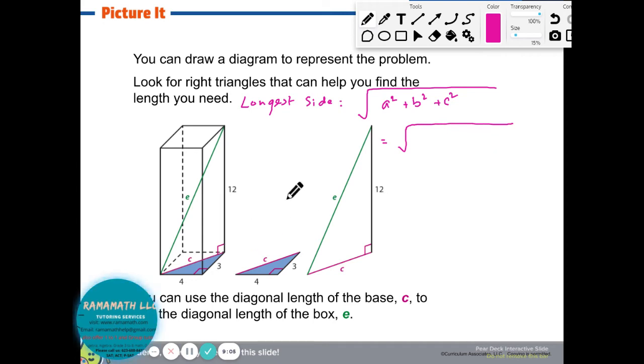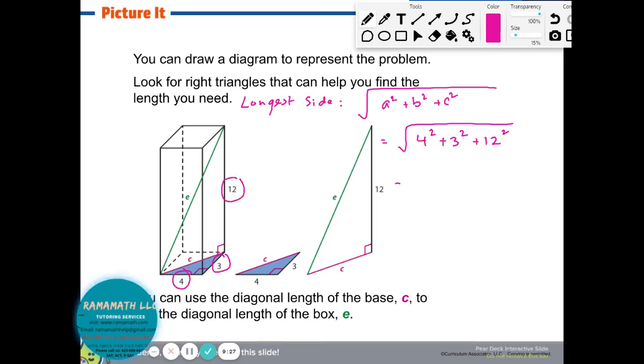So let's take the a, b, and c. A, b, and c are the numbers given to you, the side lengths. So a squared is 4 squared plus 3 squared plus 12 squared. Those are the sides given to you. This is 4, 3, and then 12.